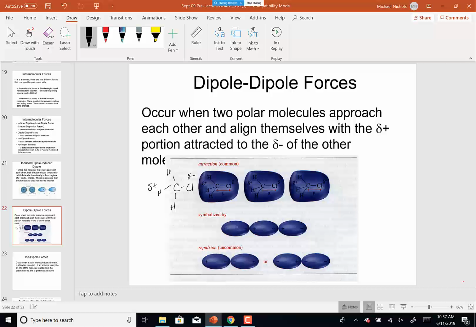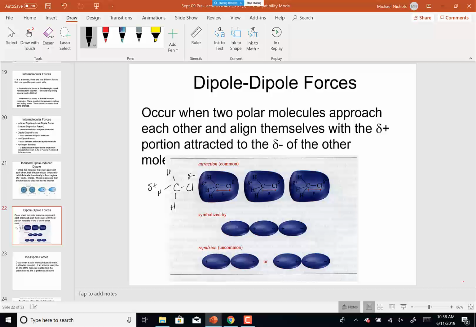This is stronger. Why? Because those delta plus and delta minus charges permanently exist. They're not induced by bringing two molecules together. They permanently exist. So if I go back to my alien example, the stronger the delta plus delta minus difference is, the stronger the dipole force would be.